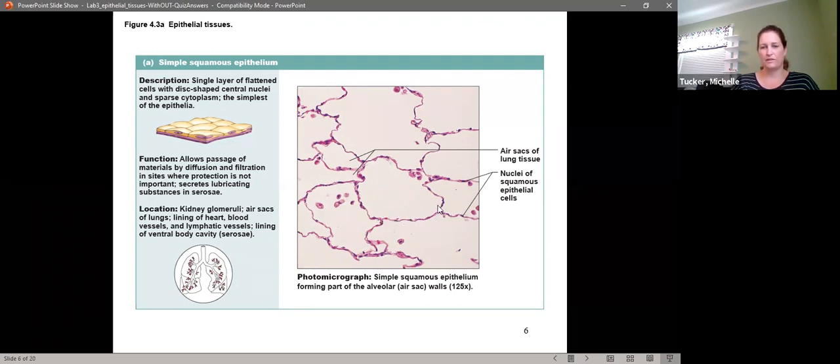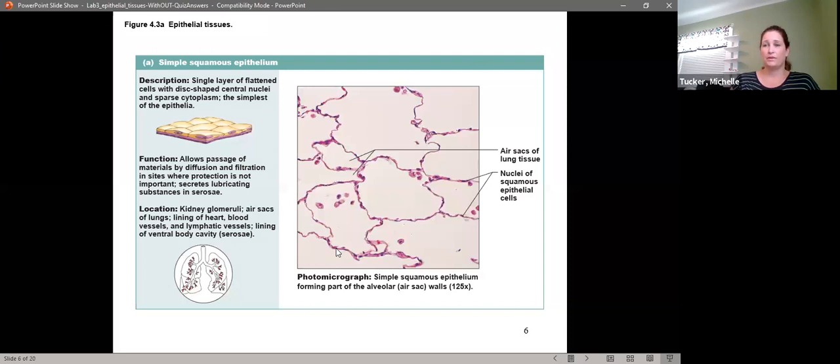So this is a structure that's made up of 20 to 30 cells that are all on a continuous basement membrane. These are macrophages, so you can just ignore those. So white blood cells that are in the alveolar sacs. When we look at simple squamous, it's these pink squiggly lines with little dots that represent the nuclei of individual cells.